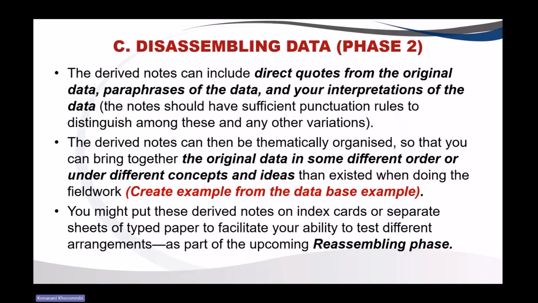Or if by mistake we interpret, then we are not going to actually finalize the interpretation now. We'll take it as a tentative interpretation, until we look at the entire data set, and the interpretation of the entire data set would only result at reassembling, because here we are still talking about disassembling.